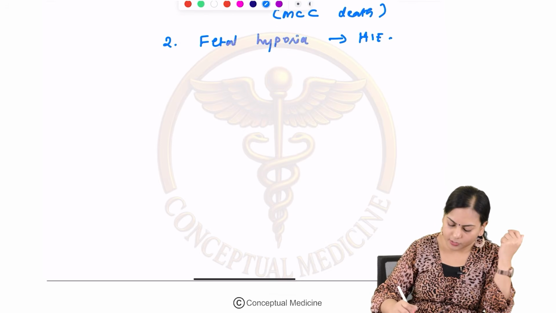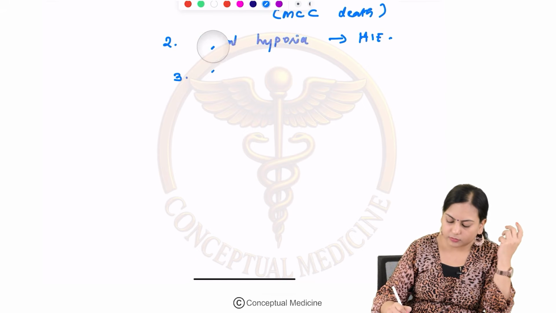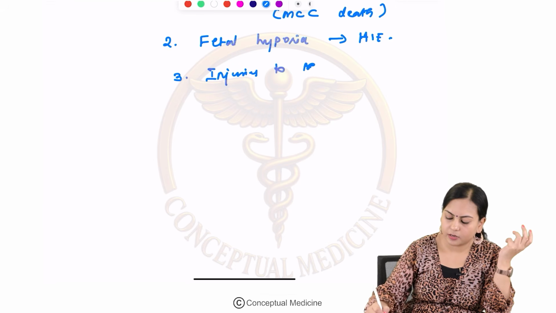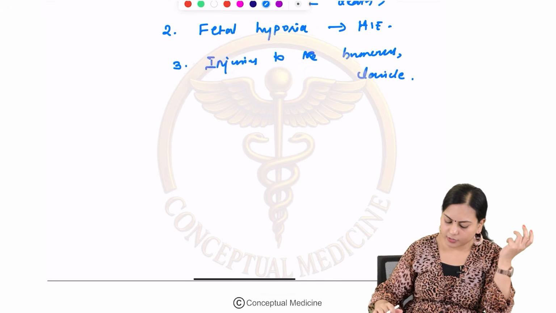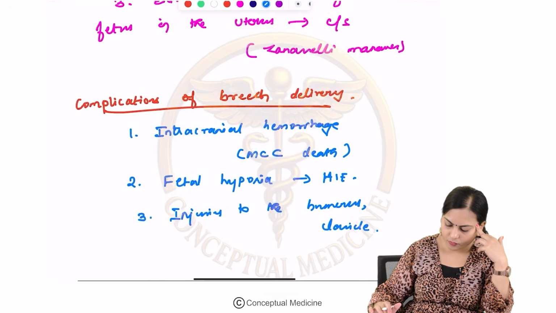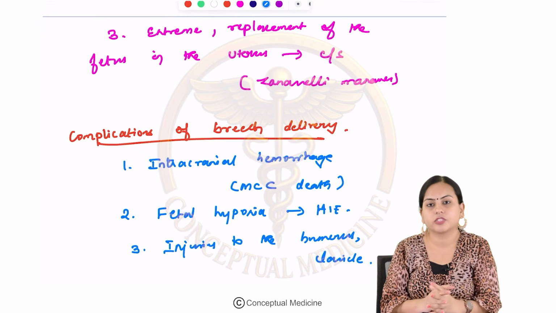Also, we have already seen there can be injuries to the humerus or clavicle. So all these things should be kept in mind. So with this we are finishing the topic on breech presentation.